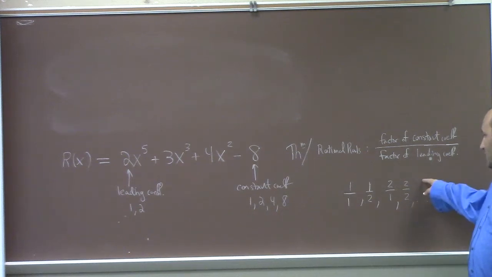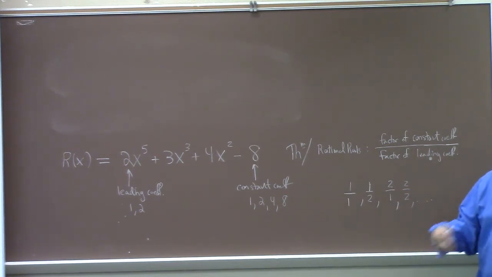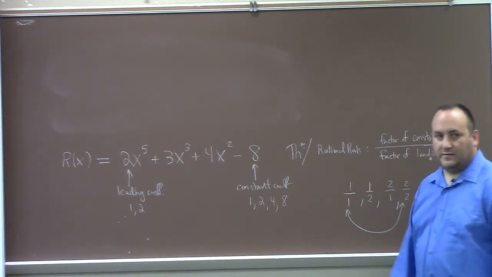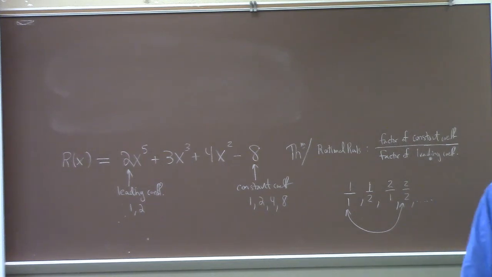So you've got 4 over 1, 4 over 2, 8 over 1, 8 over 2, and then plus or minus all those. Some of those are redundant, right? Like in this case, this and this are the same thing. So the list is actually shorter than the 16, because it's 8 and then plus or minus. But it's actually not that many. But yeah, we just have to list them, that's all. Does that make sense?